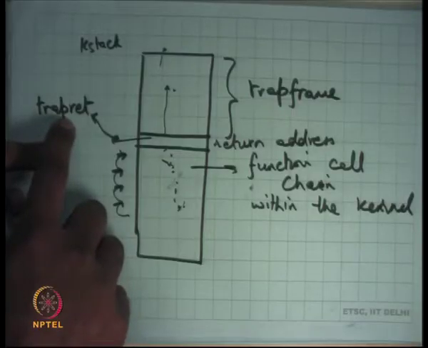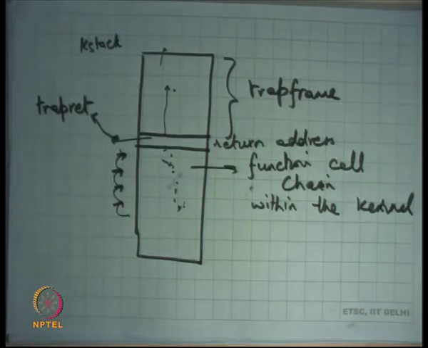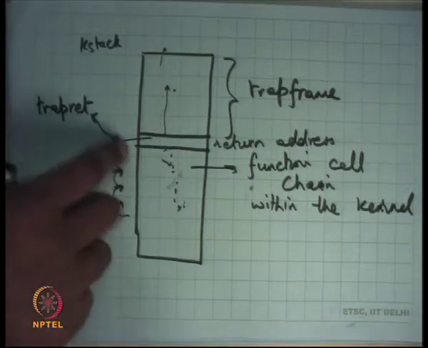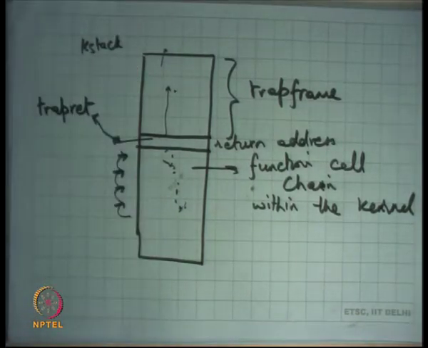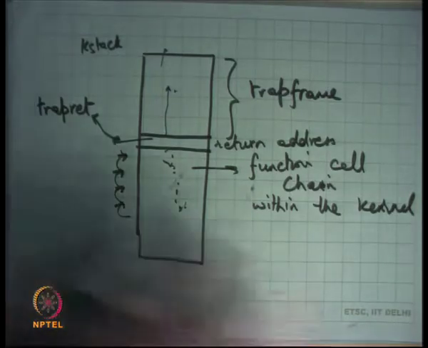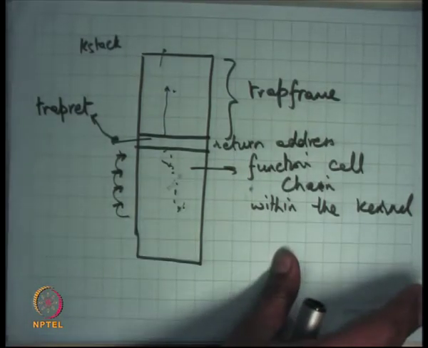So if your stack contains a reference to trapret, then when you return from the function chain, you are going to next execute trapret, and trapret is going to do all this for you, and then you're going to jump back, right. So in other words, the K stack, the kernel stack of a process, contains enough information to say where you should start executing and what all you should execute next and with what values, and eventually it should typically just go back to the user after it has finished execution, all right. Okay.